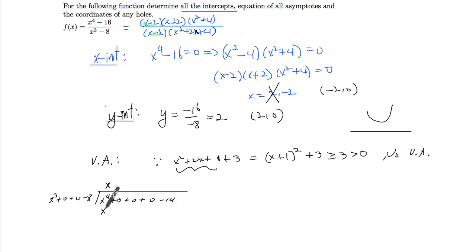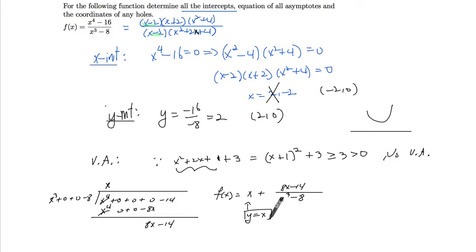So we get x to the power of 4, 0, 0, minus 8x. Okay, subtract, you get 8x minus 14, which means this entire expression, f of x, can be written as x plus (8x minus 14) over (x cubed minus 8), which means y is equal to x is our slant.